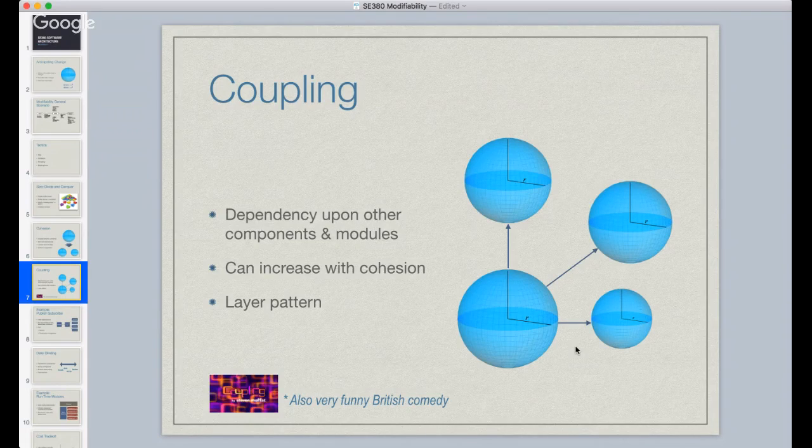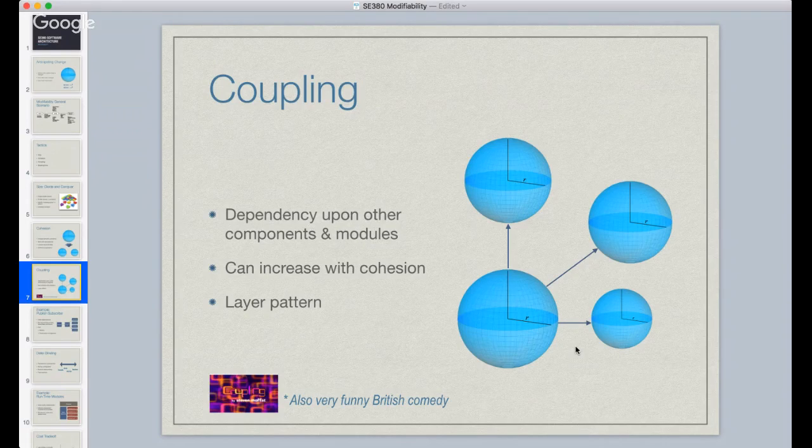If I attempt to create very cohesive elements with high cohesion, I tend to break them down into small pieces so that only the data and behaviors that are related to each other are within a particular module. But as I break it down into smaller pieces, by definition, I am pushing out behaviors or dependencies that exist in the system into other modules. And that means I now have this dependency on these other modules, and I'm coupled to them.